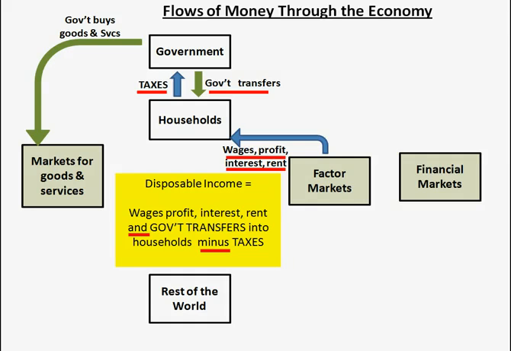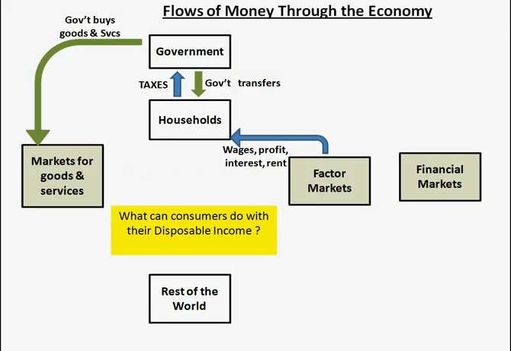Okay? Now, the disposable income that households have is that money that came in, that wages, profit, interest, and rent, and the government transfers that came in, minus the taxes that had to be paid out. That is disposable income. Now, what can consumers do with their disposable income?